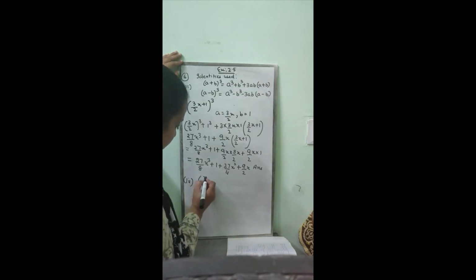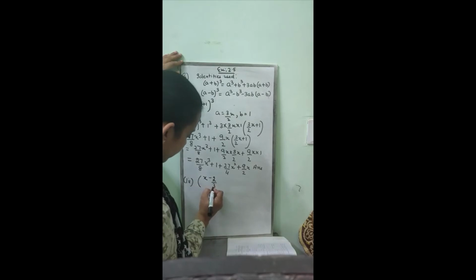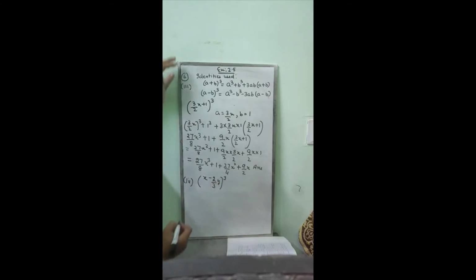Same in fourth part. In fourth part, the statement is (x minus 2 by 3y) whole cube.